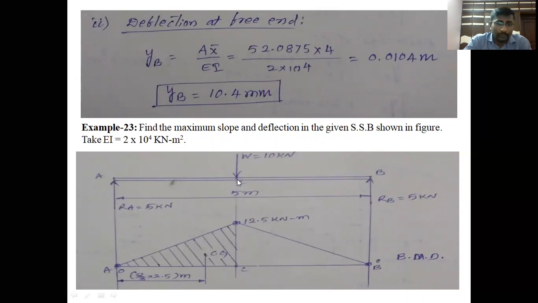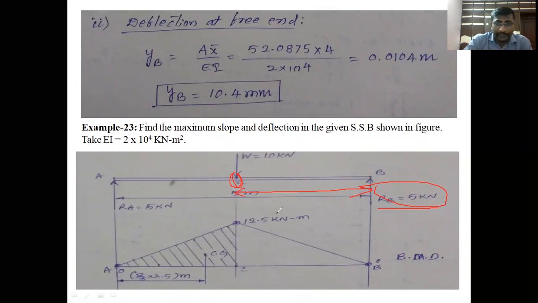And what is the bending moment at point C? To calculate the bending moment at this point, take the algebraic summation of all the moments of forces. What forces are there on the right side? Only RB. What moment is developed by RB? 5 kilonewtons in the upward direction, which is acting at a distance of 2.5 meters from the point.